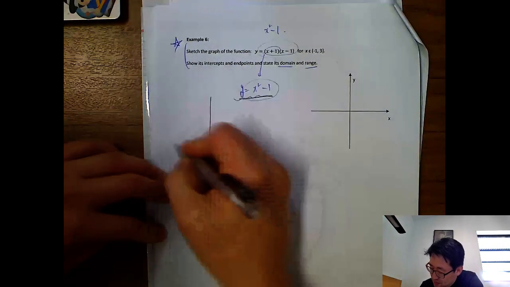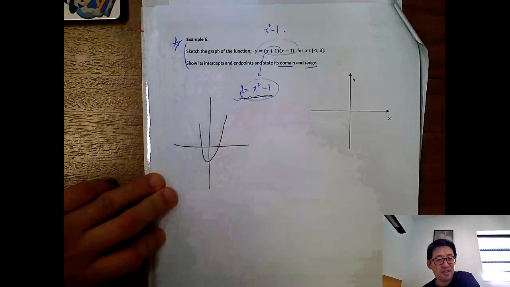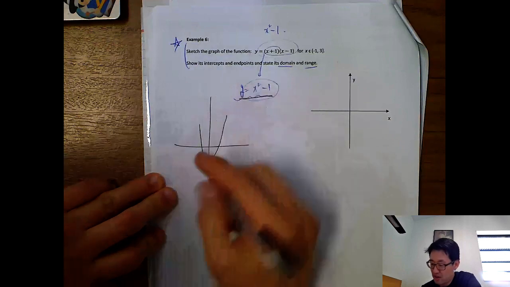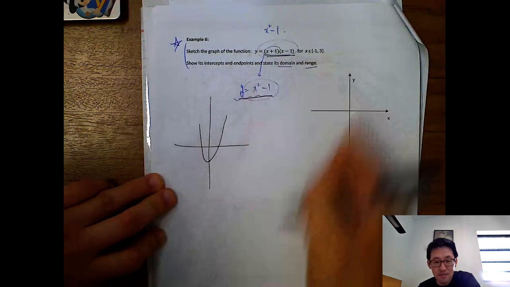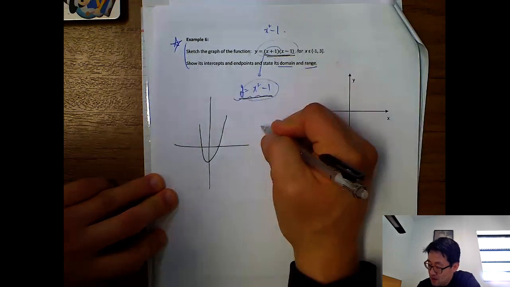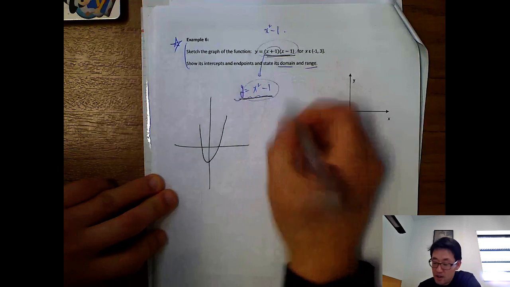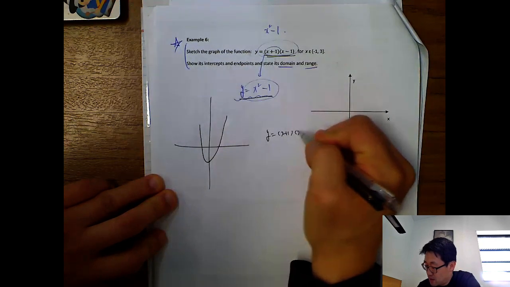This one will look like what? This, isn't it? So y equals x squared minus 1. Or from here, you can get the x-intercept and y-intercept. Look at that: y equals x plus 1, x minus 1.